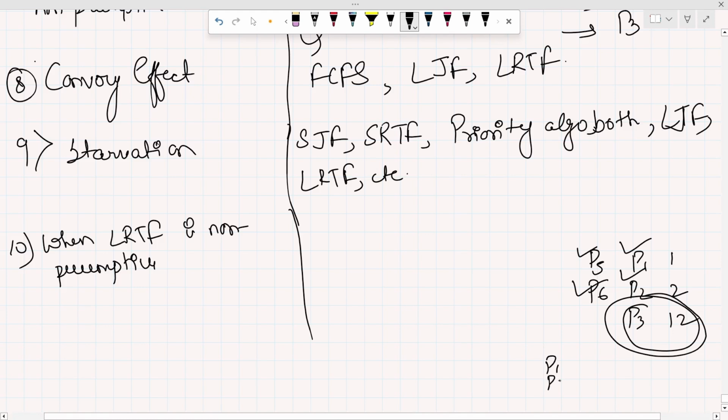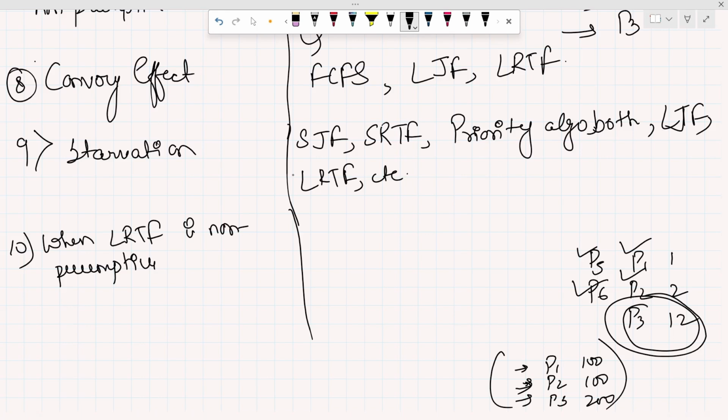Let's say P1, P2 and P3. The burst time of P1 is 100, P2 is 100, P3 is 200. So P3 with 200 will get the CPU first, then P1 and then P2. In this way, LRTF performs: the huge burst time process gets the CPU first.